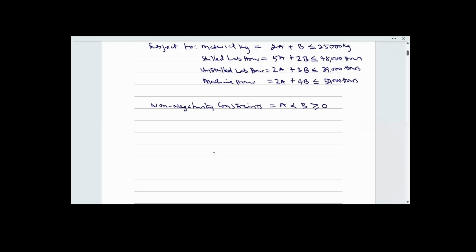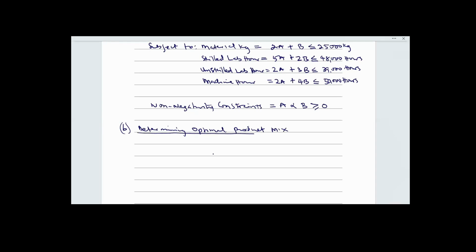So the B part, the examiner wants us to determine the optimal production mix that will maximize the contribution. I've already formulated the linear programming model, so I can just say B, determining optimal product mix.